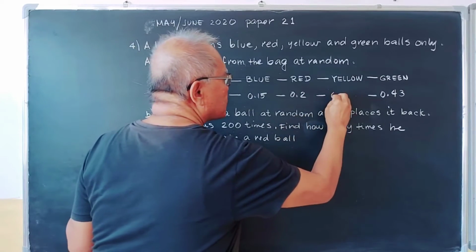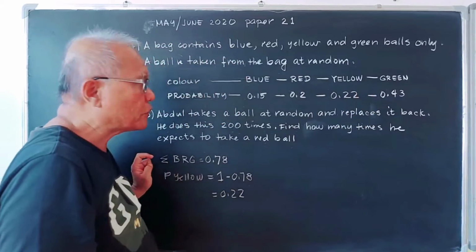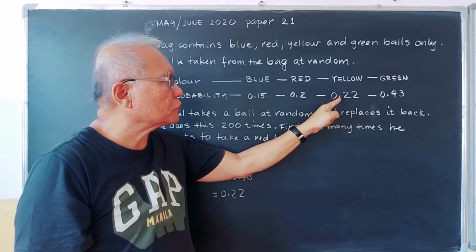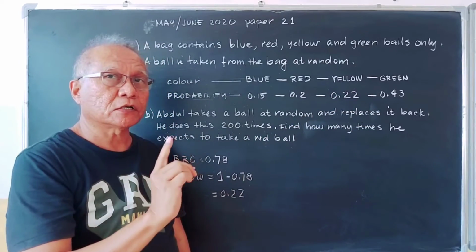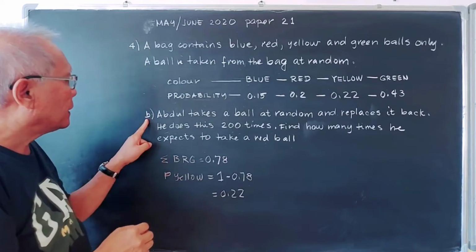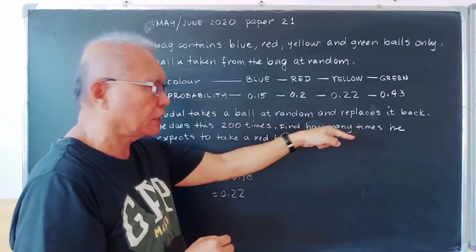If we add them, 0.15 plus 0.20 plus 0.22 plus 0.43, we have 1.00 or simply 100%.